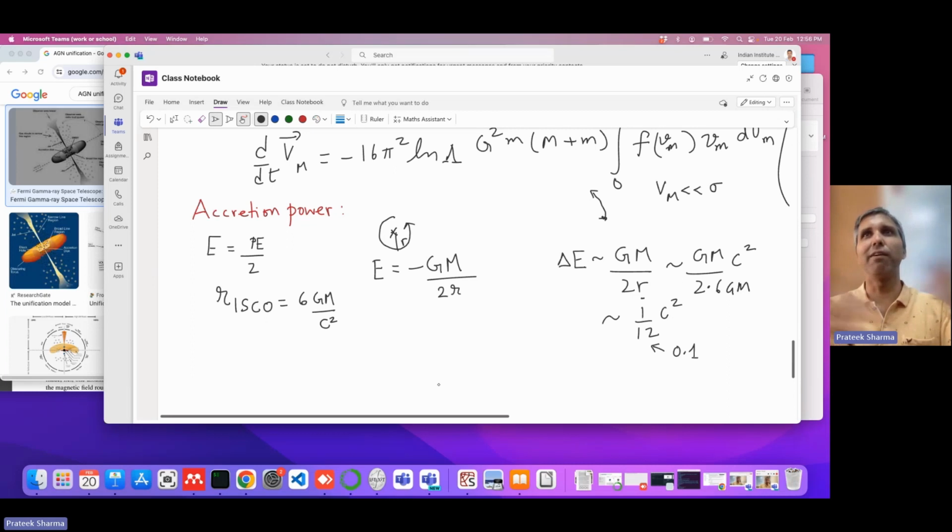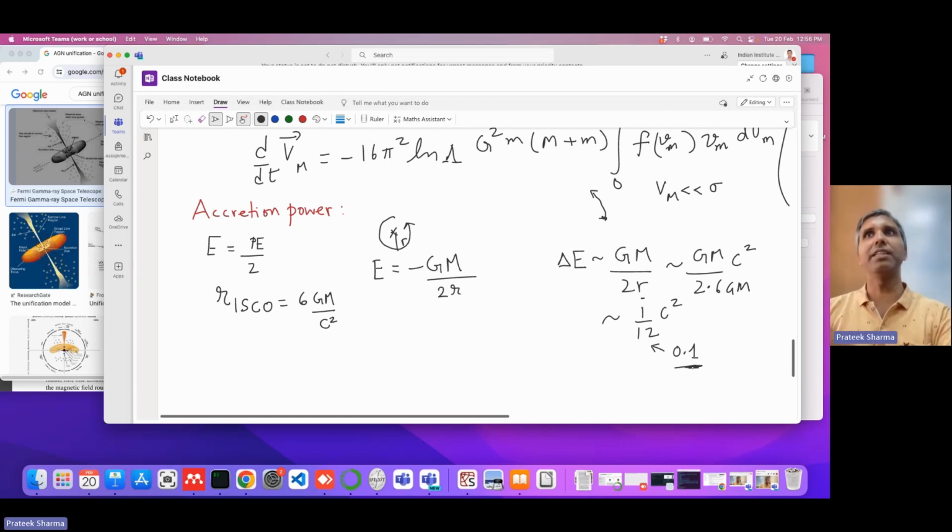So if you average over all spins, or adopt a typical number, people mostly adopt 0.1. So for every mass m accreted onto the black hole of mass capital M, you get small m c squared times 0.1. This is the source of accretion power.